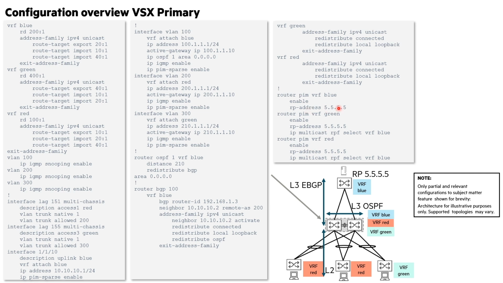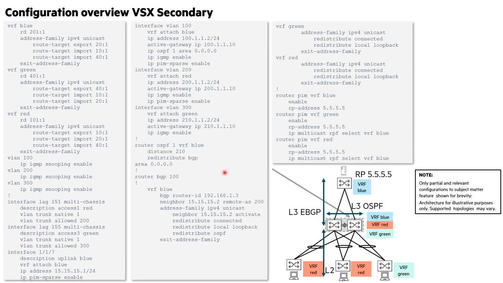Right now the RP address is the same for each VRF, which belongs in the source VRF and is learnt through the unicast routing. Next we go to the VSX secondary, which is very similar apart from some IP addressing.